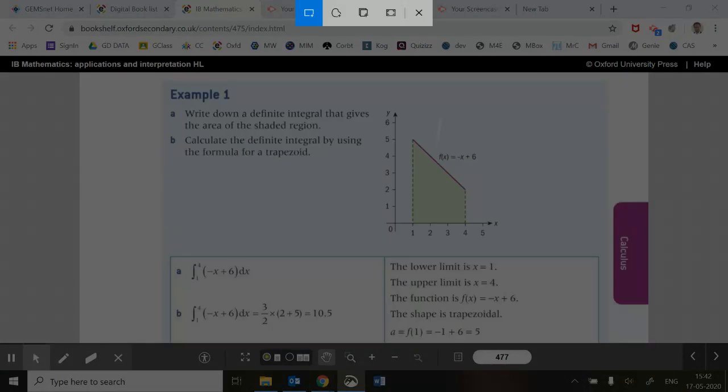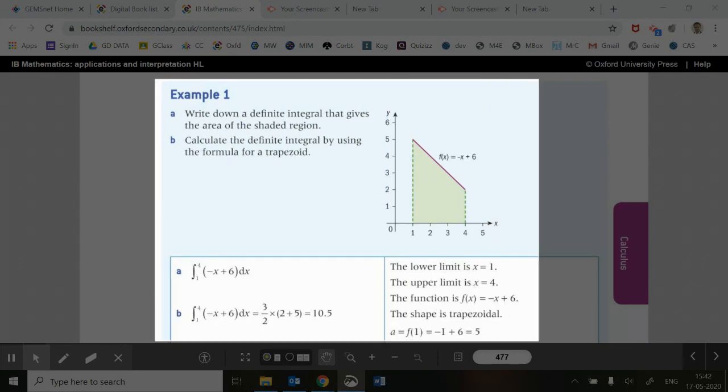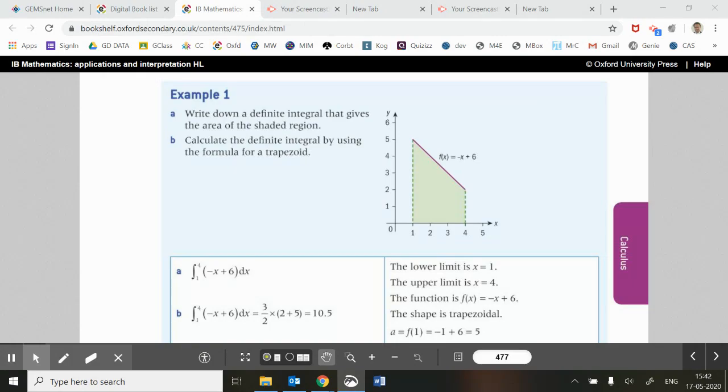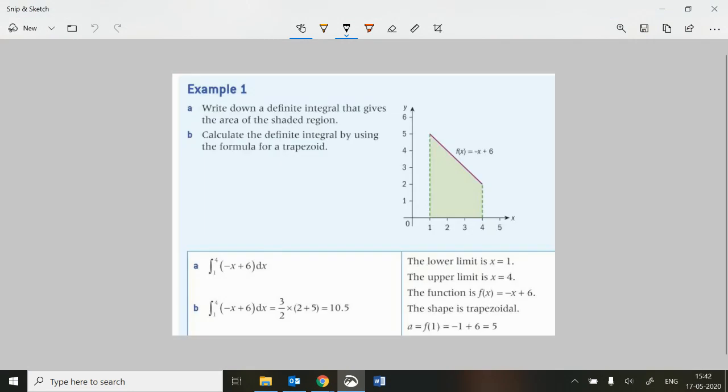Example 1. Computer's going a bit slow today. Okay, so write down the definite integral that gives the area of the shaded region.